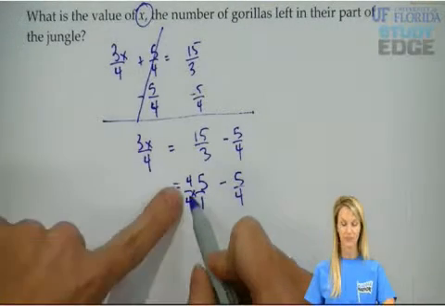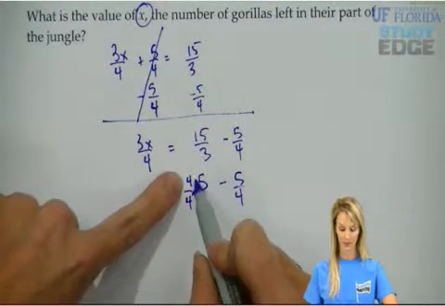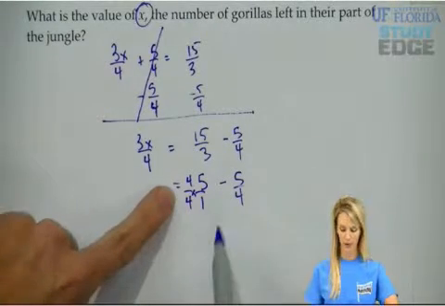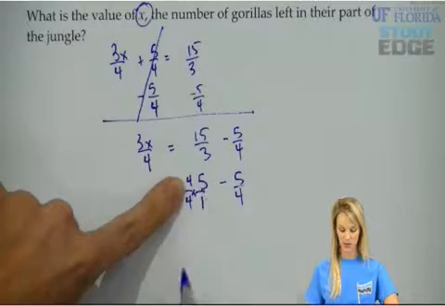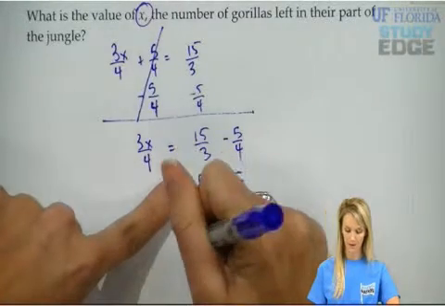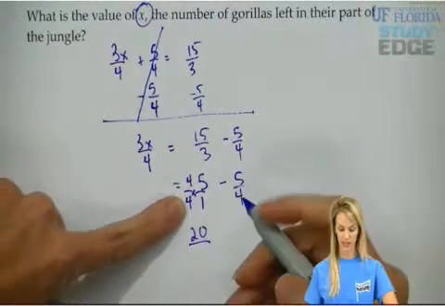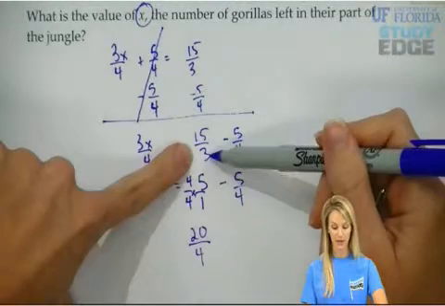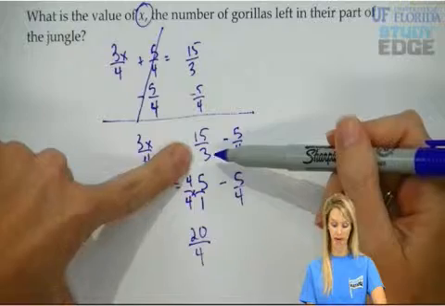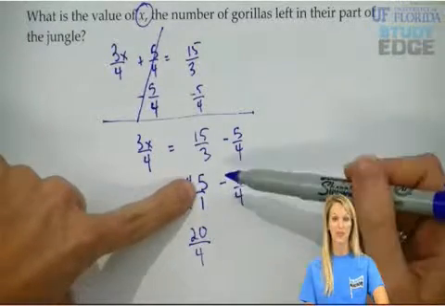So the way that we do that is by adjusting. We're multiplying the top by 4 and the bottom by 4. So what do I do when I multiply fractions? I multiply my tops. What's 4 times 5? 20. And then I multiply my bottoms. What's 4 times 1? 4. Check it out, guys. 15 over 3, we said that's equal to 5. 5 over 1, that's equal to 5.